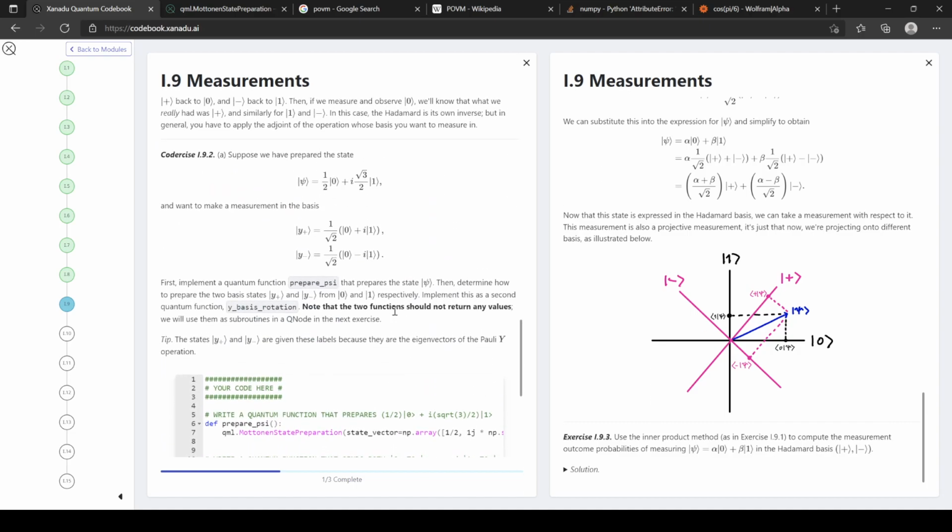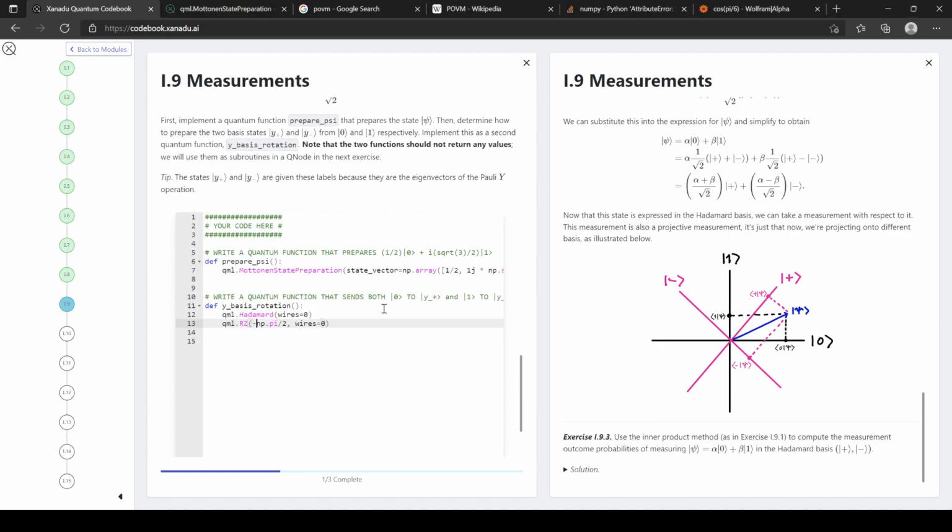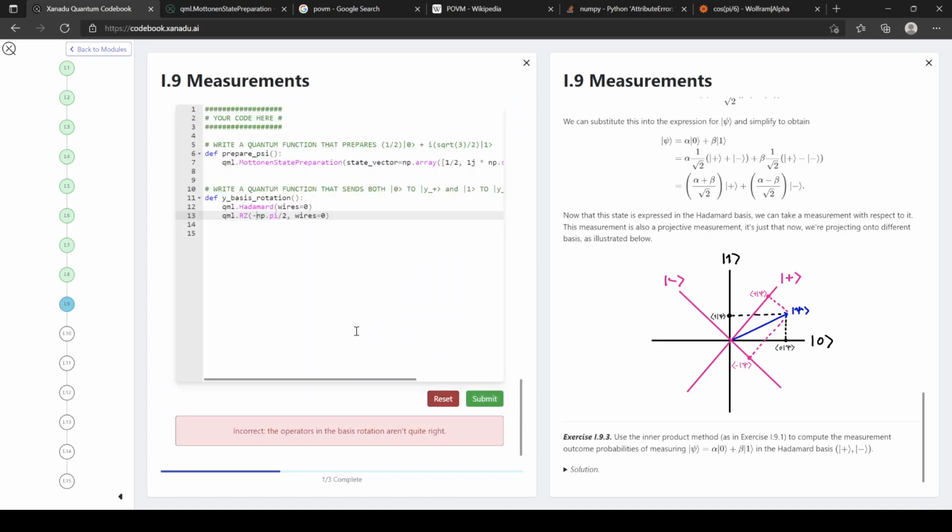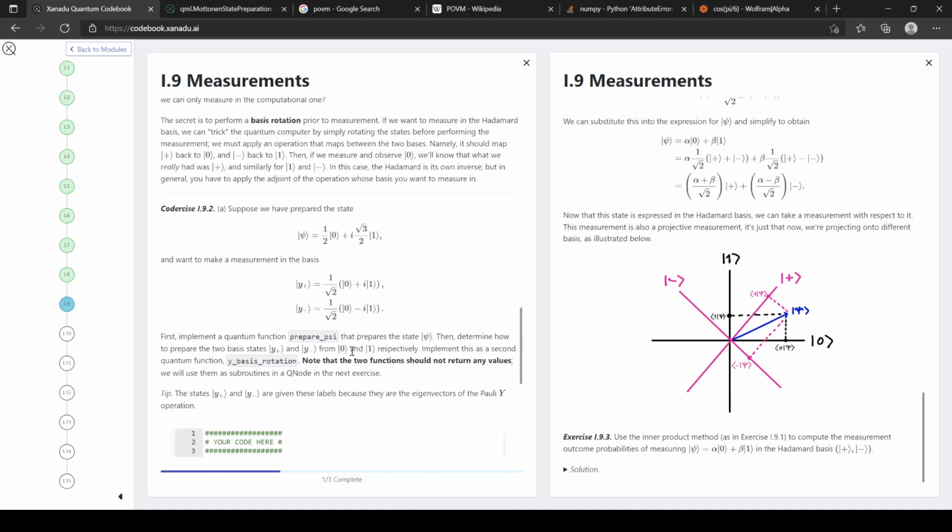Okay, so we put it into Hadamard, and then we need to map... maybe it should be negative pi over 2. No. Okay, I'm just trying to visualize the Bloch sphere right now. So we've put it into the x basis.